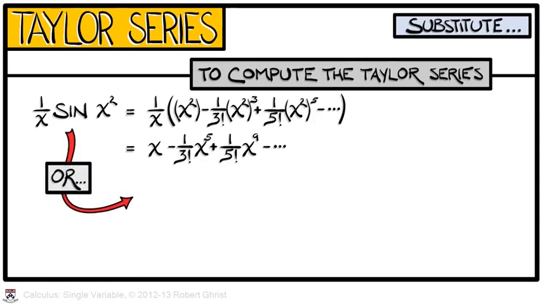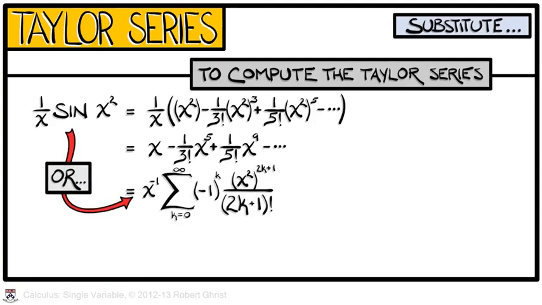Another method for obtaining the same answer would be to take the full summation as k goes from 0 to infinity of negative 1 to the k times x squared to the 2k plus 1 over 2k plus 1 quantity factorial.